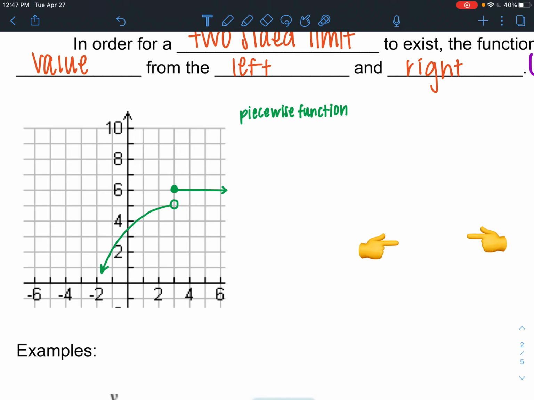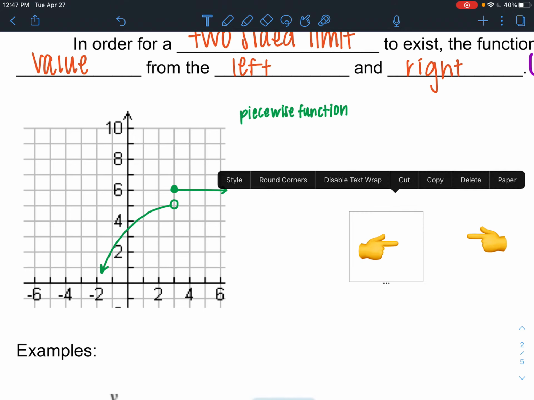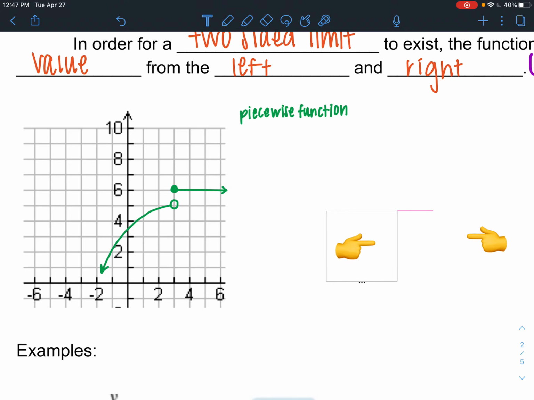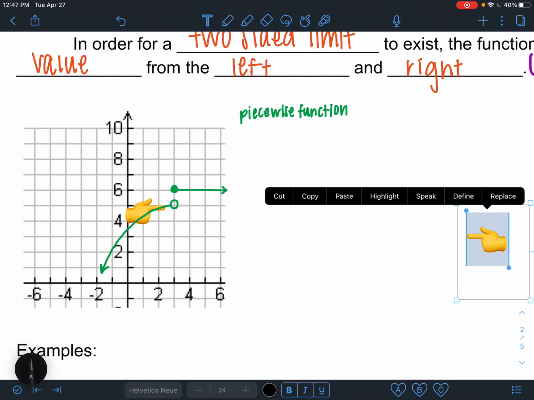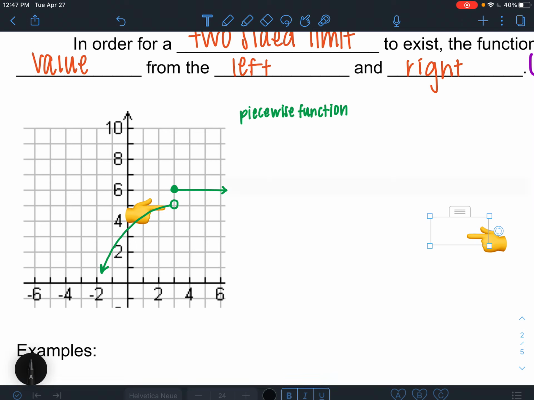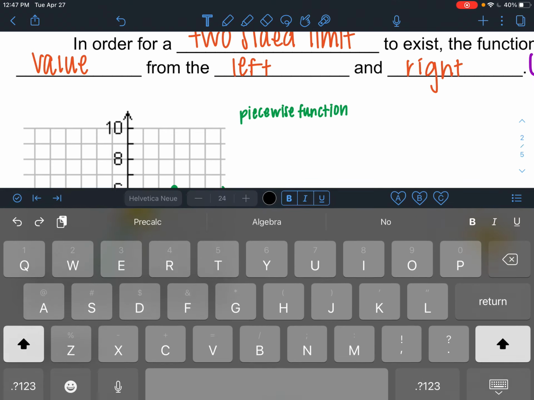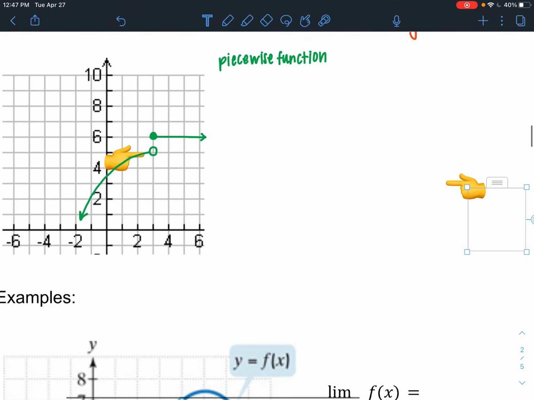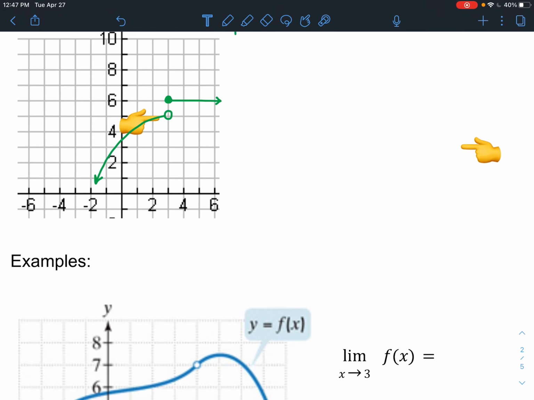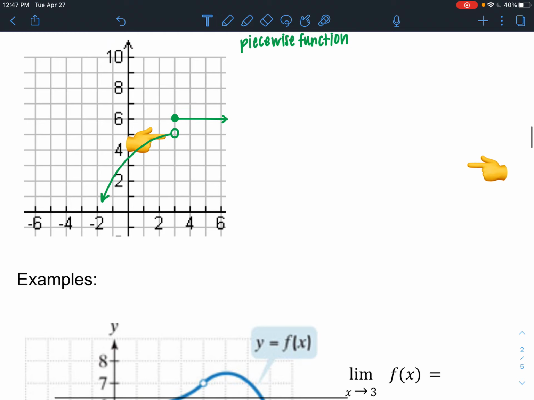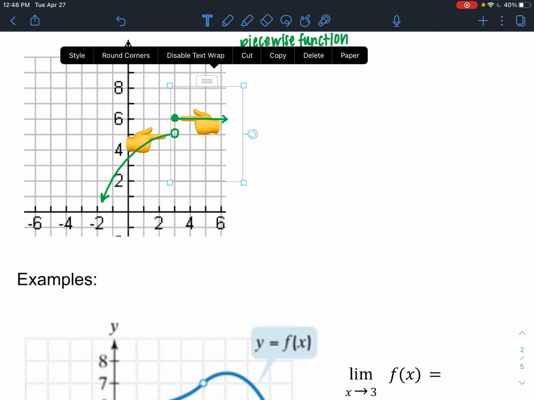So what we are going to do is we're going to see where it's coming from the left and from the right.